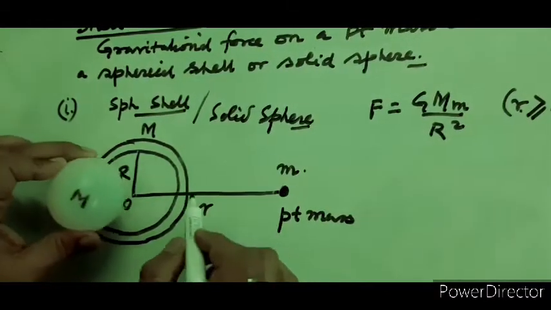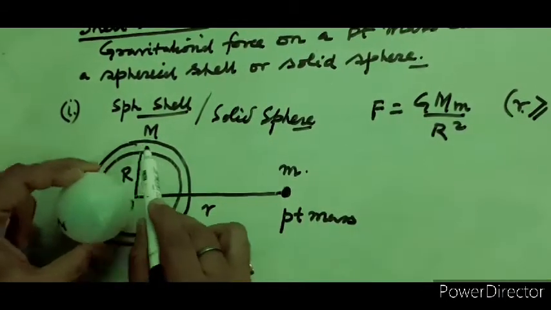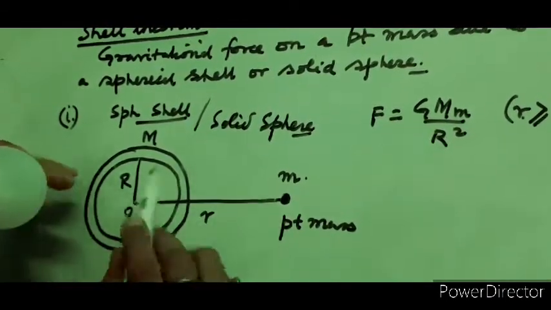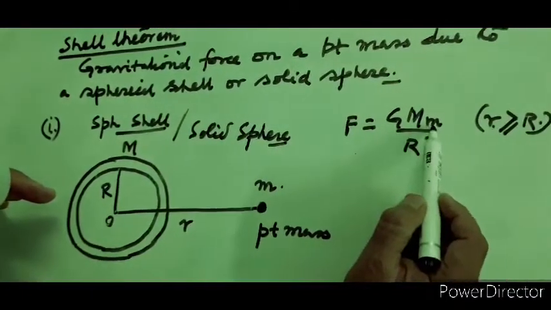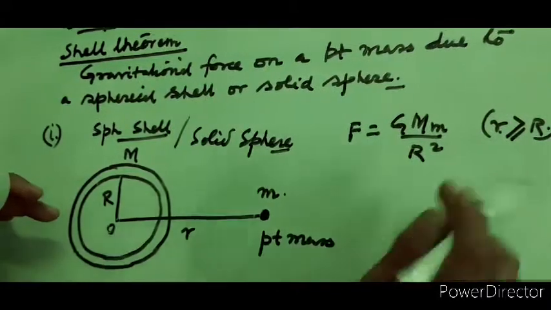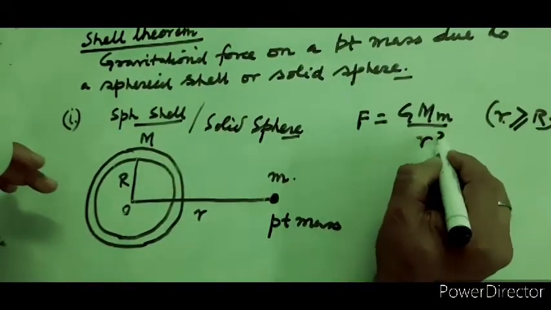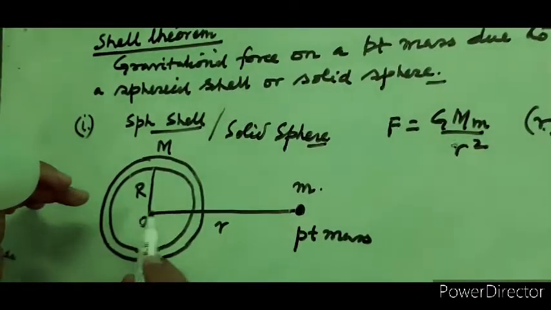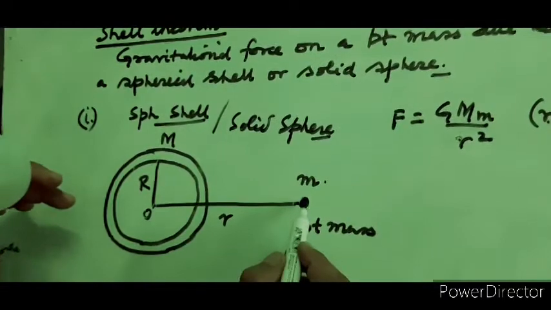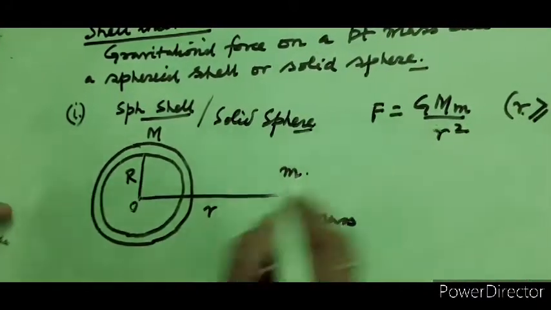In both cases, it will feel as if the mass is the same. G, capital M, small m by r square. This r, in fact, is small r square, because the distance between the center of this spherical shell and the point mass is small r. So that is your first part.